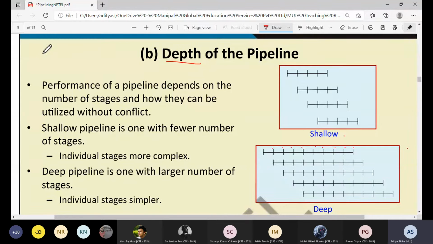Depth of the pipeline depends on the number of sub operations in which we divide. A shallow pipeline is the one with fewer stages, and since there are fewer stages, individual stages will be more complex because we have not broken them down into smaller sub operations. A deep pipeline will have a larger number of stages and the individual stages will be simpler.